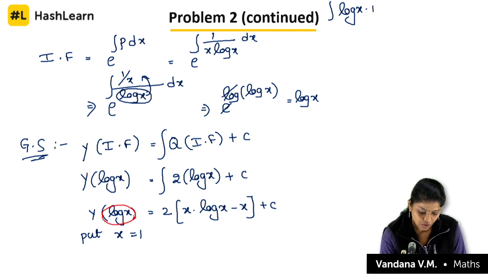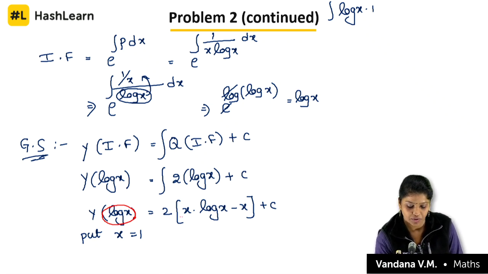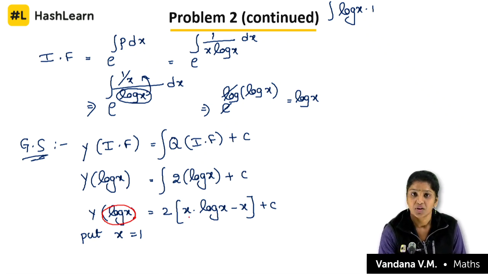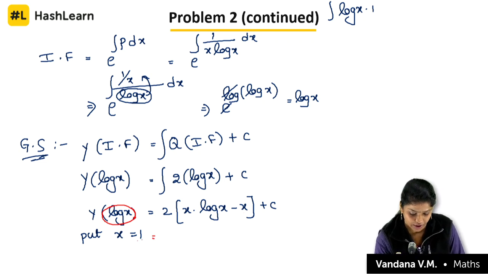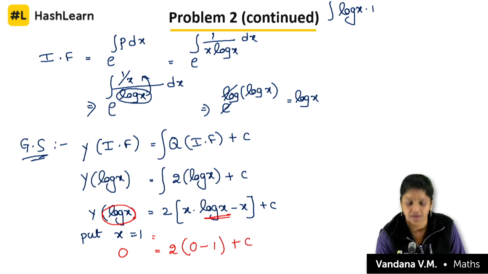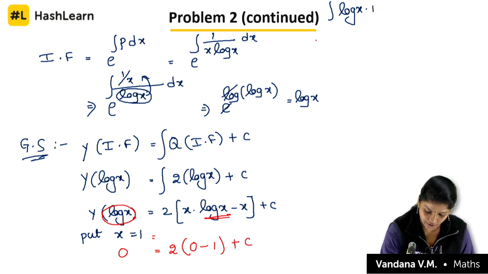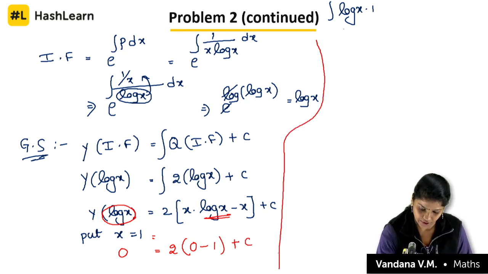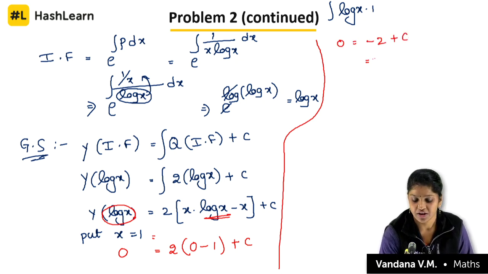Log 1 is 0. Y into 0, 0 I will get, is equal to 2 into 1 into log 1, here also 0, minus 1. See, look here, 0 this side is equal to 2 into log 1 is 0, minus 1, plus c. So the c value is 0 is equal to minus 2 plus c. So the c value is 2.